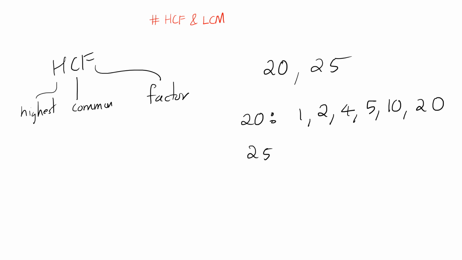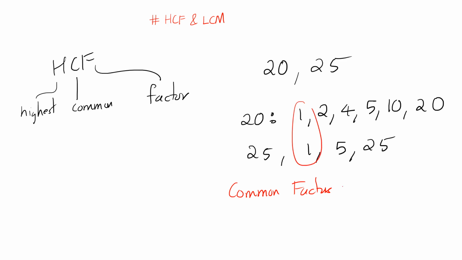What are the factors of 25? 1, 5, and 25 itself. So what are the common factors? The common factors are 1 and 5. That's it, right? These are the common factors.